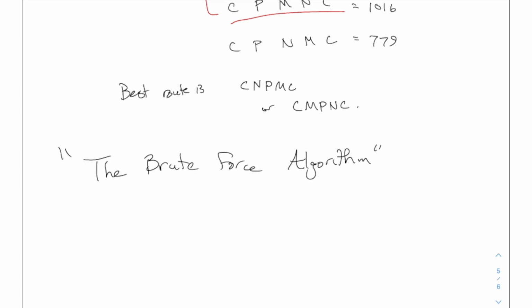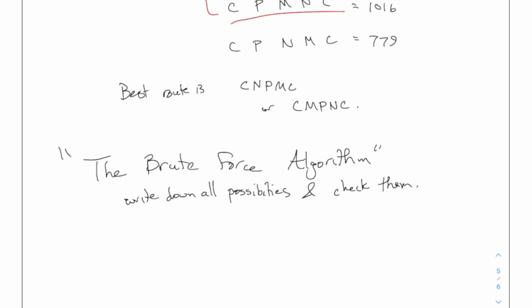You just write down all the possibilities and check them all. Write down all possibilities and check them. That's called the brute force algorithm.